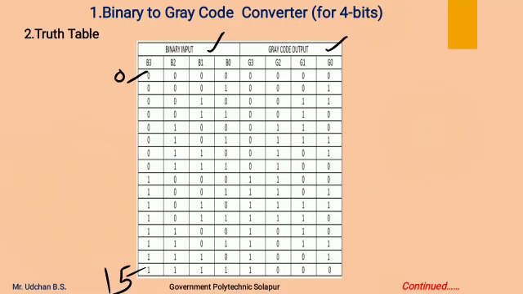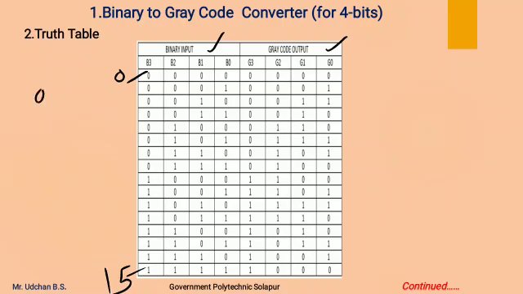We already know how to convert binary to gray code, so I will take 2-3 input combinations from these binary inputs and explain how they are converted into gray code. We already studied this, but for revision I will discuss them.